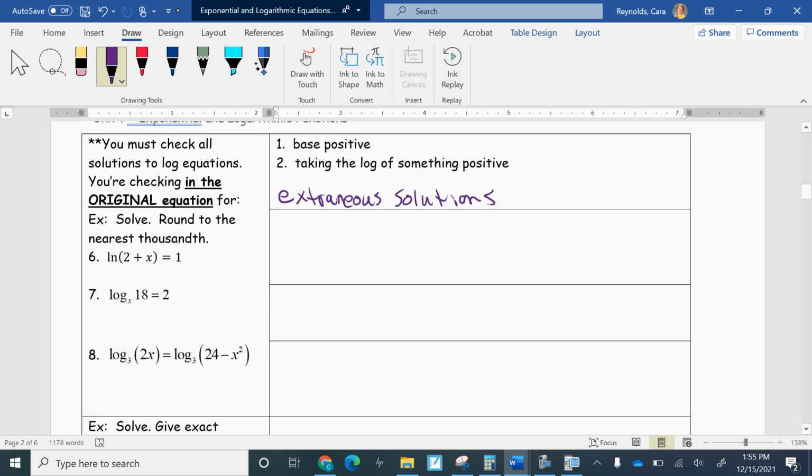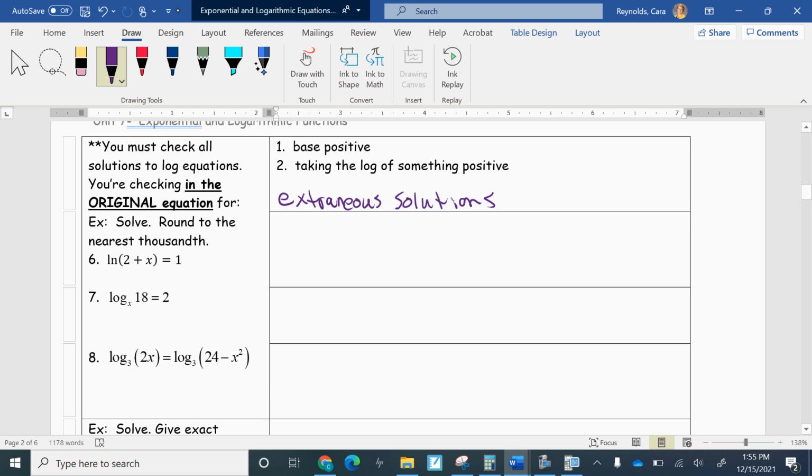Okay, so we're going to solve these and round to the nearest thousandth. We have the natural log of 2 plus x is equal to 1. My x is trapped behind my log, and so the first thing that I do is convert this. Remember, natural log is log base e. So this is e to the 1 equals 2 plus x. Solving this for x, I have x is equal to e to the first minus 2.